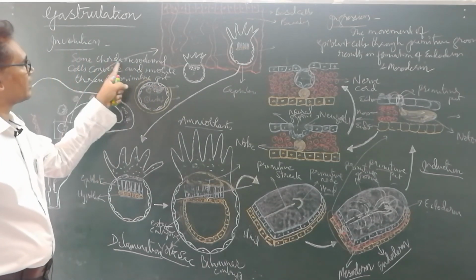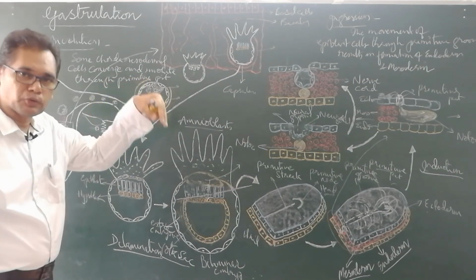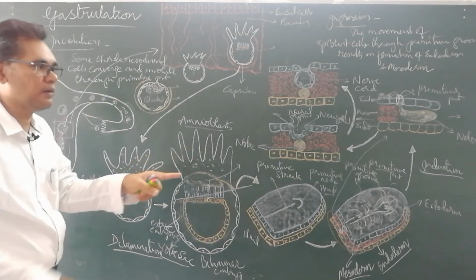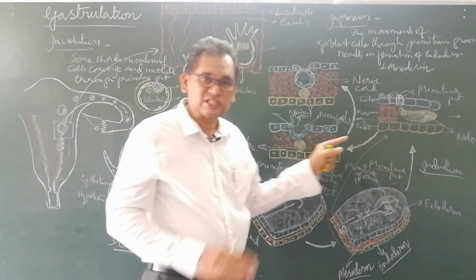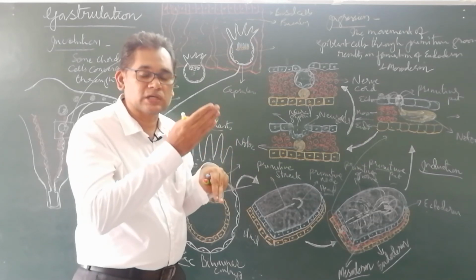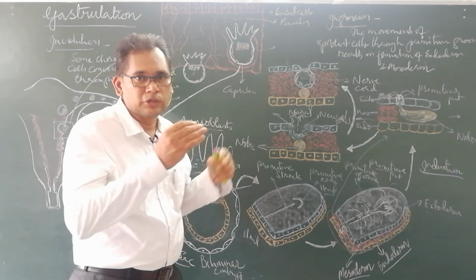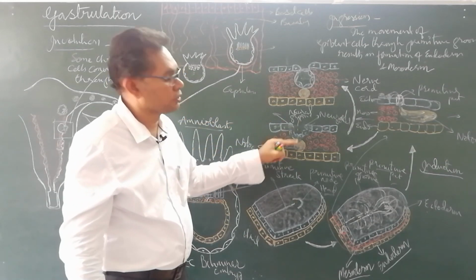Involution: some of the cardio-mesodermal cells converge and then involute through the primitive pit, move forward to form the notochord. Induction: some of the epiblast cells are attracted by the notochord, forming a neural groove. The neural folds get attached, and a nerve cord is formed just above the notochord.